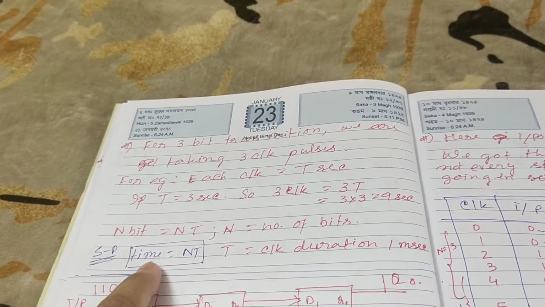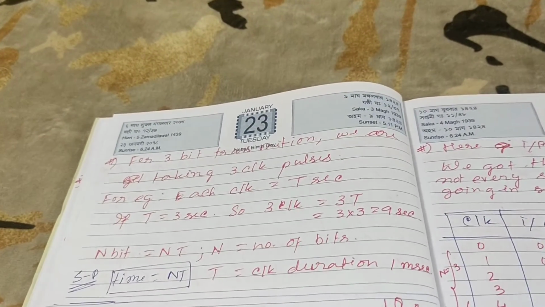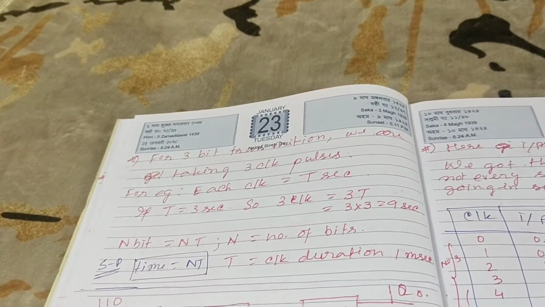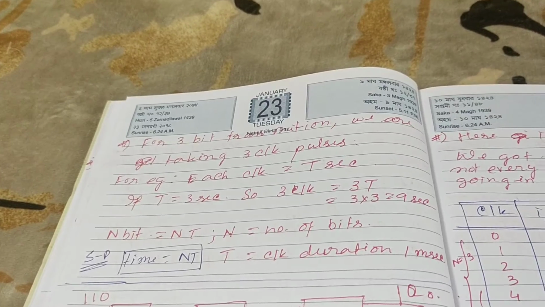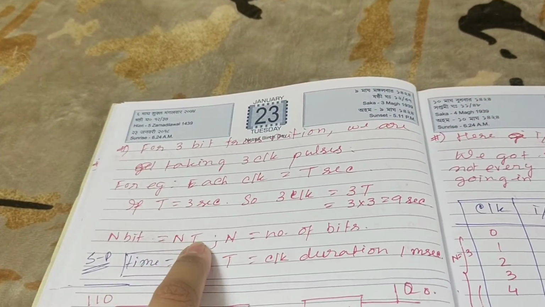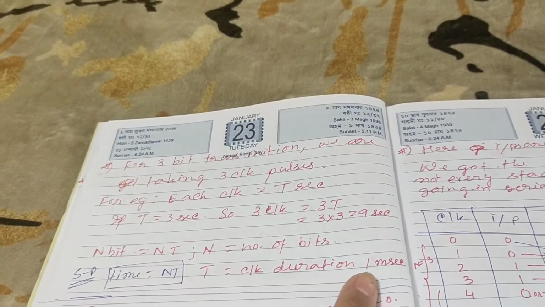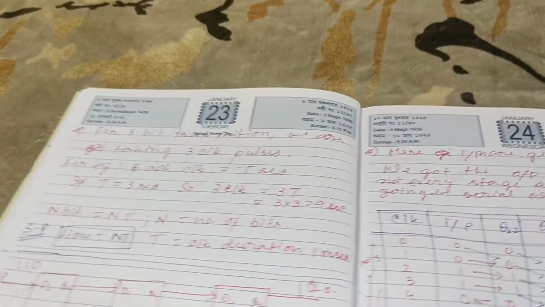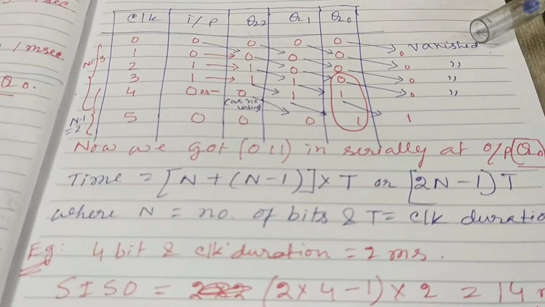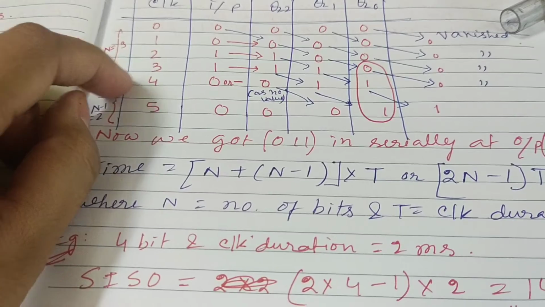The total time for transferring n bit data from input to output in serial way through the shift register is n into t, where n is the number of bits and t is the clock duration in milliseconds.